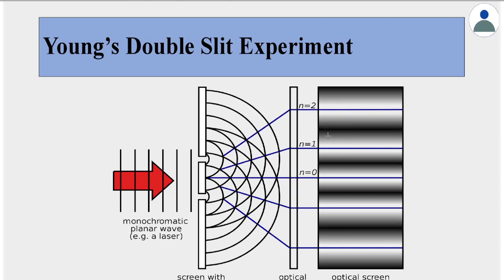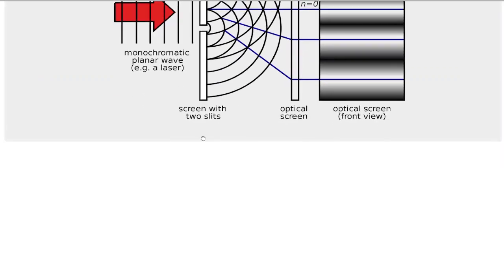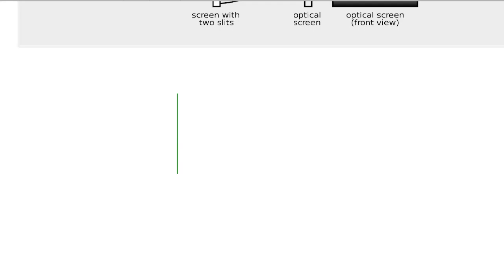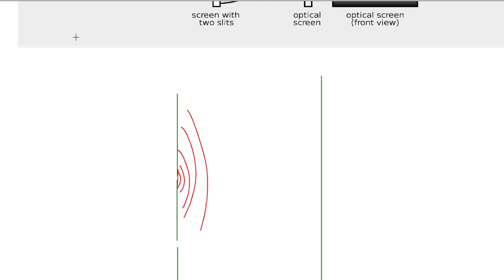We can understand the same thing in terms of wavefronts also. That is, we have wavefronts drawn from a given source. So wavefront from here, wavefront from here, we can draw wavefronts from these points. Similarly, you can draw wavefronts from here also. Whenever the crest falls on crest, we'll put C comma C here.